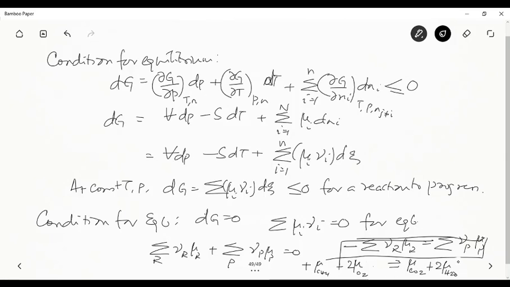So if we try to draw it pictorially, then what will happen? Let's say we have the reaction progress variable xi on this axis. The amount of reactant species will go on decreasing as we go.